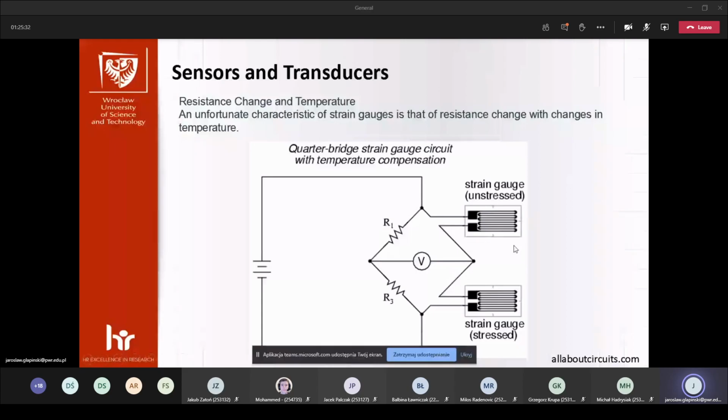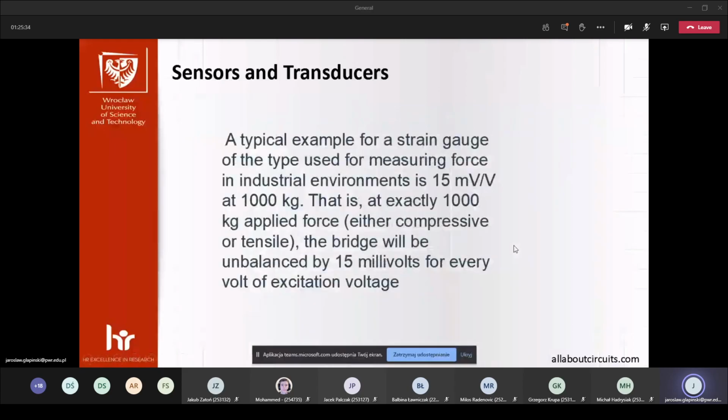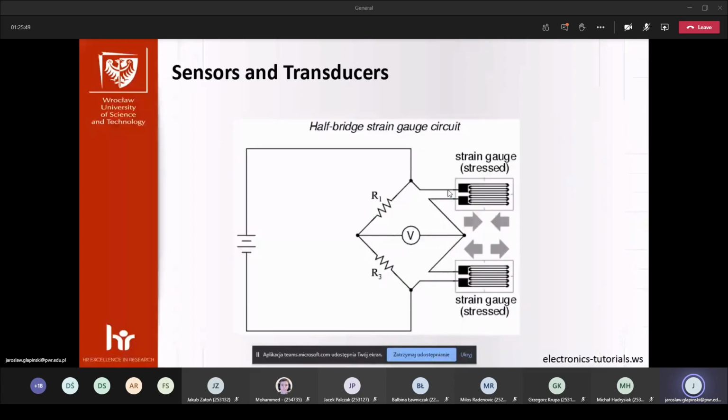Another thing: as I said, the typical strain gauge differences are about 10 or 15 millivolts per volt. We need a high amplification. So we can also use two strain gauges.